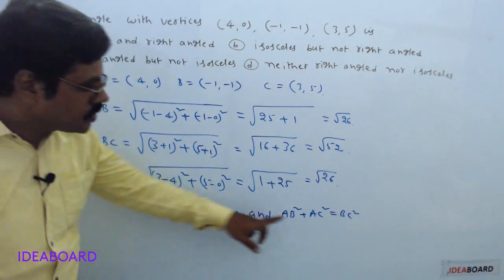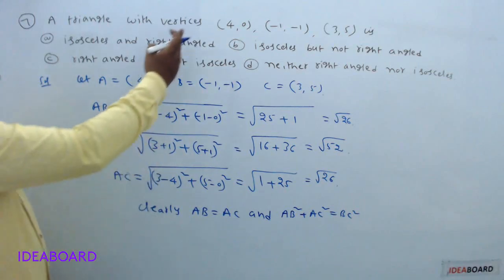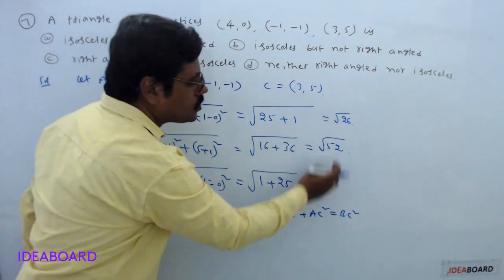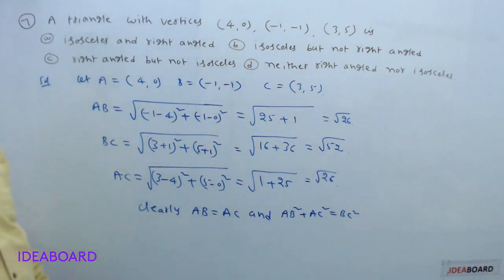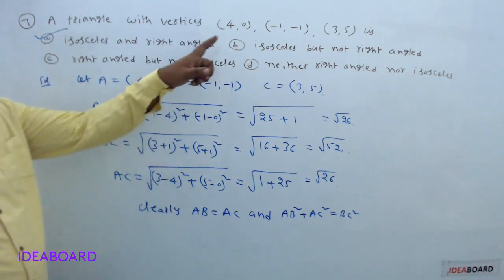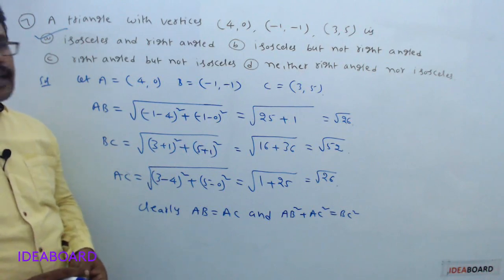So these values satisfy the Pythagoras theorem condition. So these points form a right angle triangle and an isosceles triangle. So what is our answer? Isosceles and right angle triangle. So the given points form the right angle isosceles triangle.